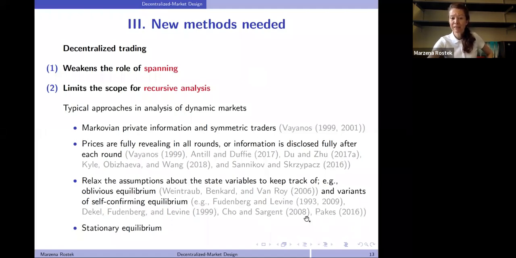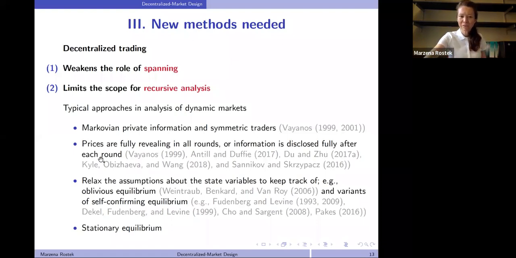Ariel Pakes and co-authors have come up with a computational counterpart of self-confirming equilibrium. But there's a need to introduce models and techniques, possibly non-recursive ones, to model markets with dynamic trading and dynamic inference. I didn't mention the crucial point.